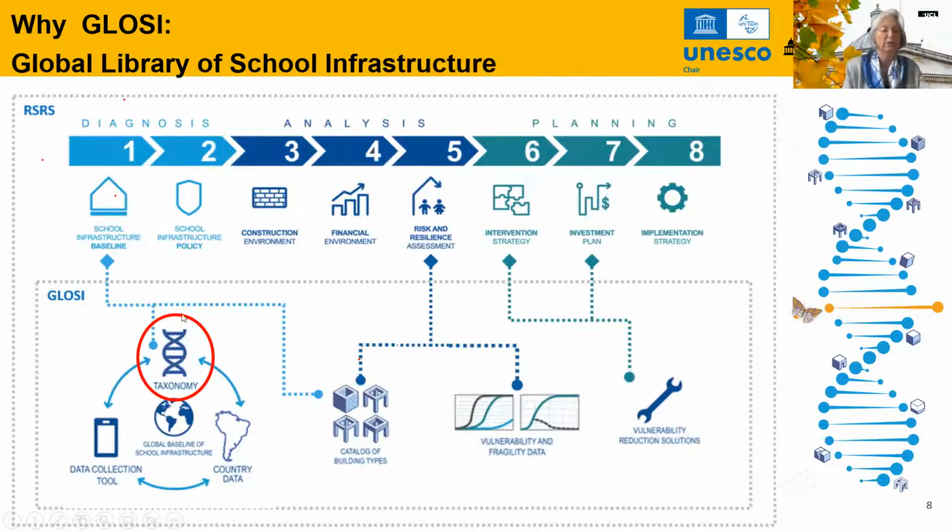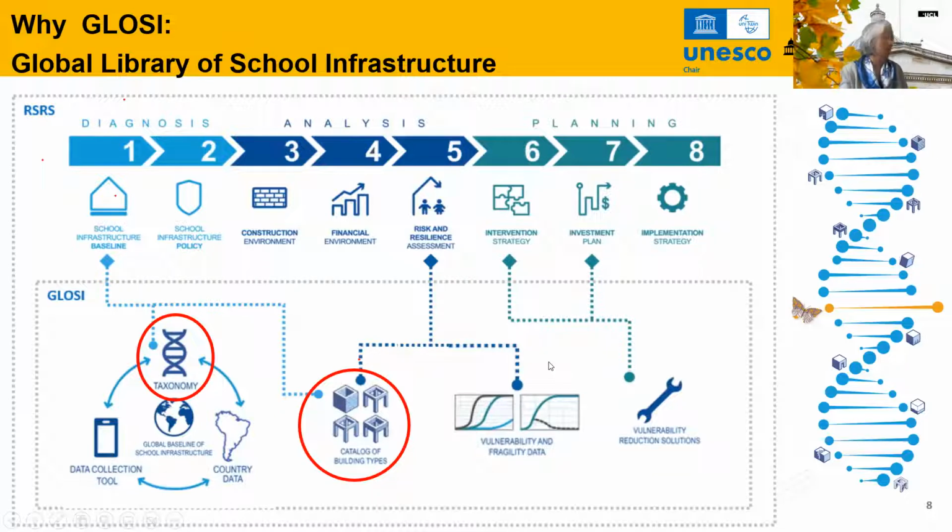In the previous course, we already spoke about taxonomy and the way in which, by defining a taxonomy and collecting data, we can create the school infrastructure baseline. The school infrastructure baseline then allows us to deliver a catalog of building types, as we have already seen.